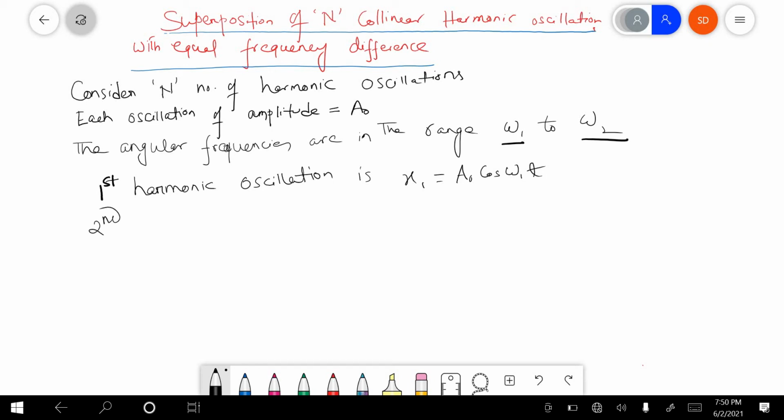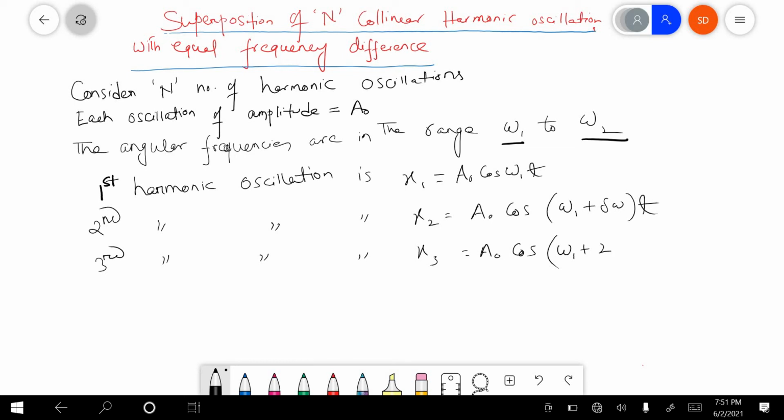The second harmonic oscillator is x2 equals a naught cos (omega 1 plus del omega) t. The third is x3 equals a naught cos (omega 1 plus 2 del omega) t, like this.